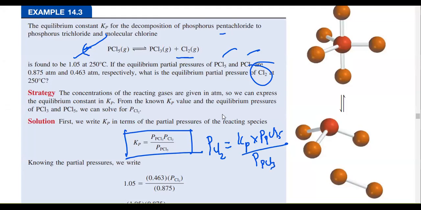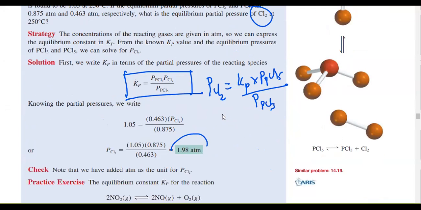So substituting the values here, we got 1.98 atmospheres.